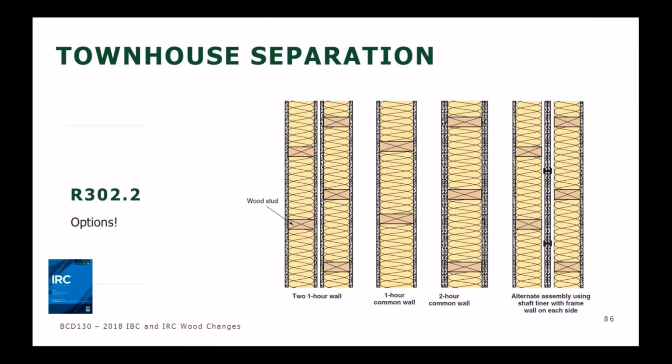Or you can do any kind of alternate assembly with any kind of shaft liner in there that is going to deaden sound, which is the interest typically in townhouses, is just stopping sound from transmitting from one side of the wall to the other. So do whatever you want. It just needs to be equivalent to either the 2 1-hour walls or the 2-hour common wall. Any and all of those options are fine.